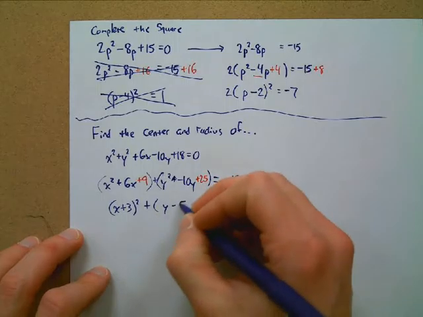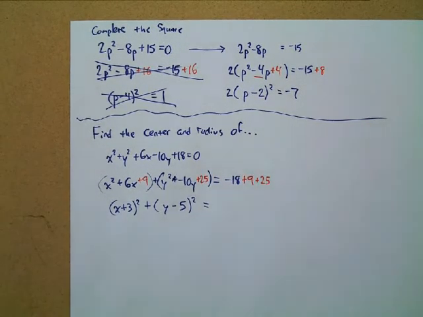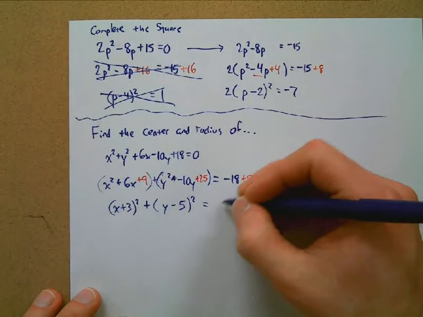And lo and behold, now we have our circle in standard form, right? The x minus h quantity squared plus y minus k quantity squared equals 16. Okay, and there it is.